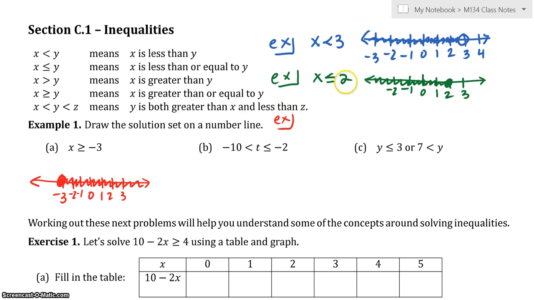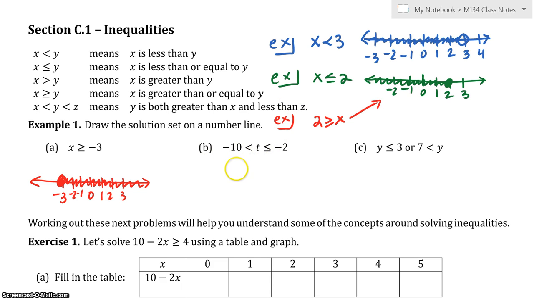If I was to rewrite x is less than or equal to 2 and I wanted to put the 2 on the other side, I would have had to say this, because if x is less than or equal to 2, that means 2 is greater than or equal to x. It means the same thing. So that's why this is x is less than y. That means if you switch it around, y is greater than x. So y is greater than x and less than z.